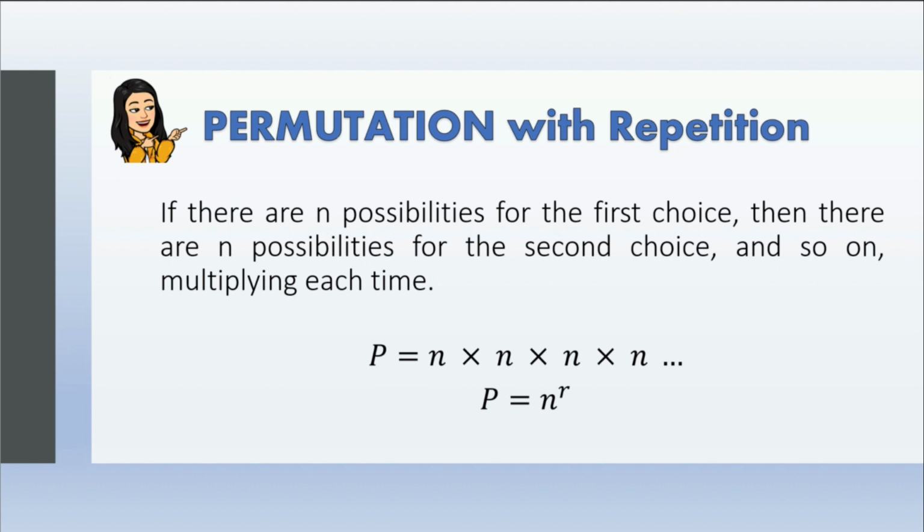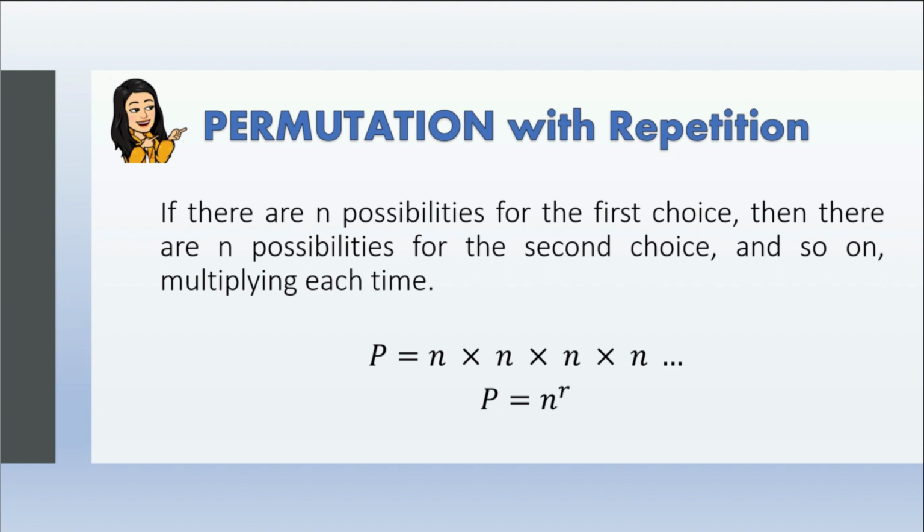And we use this formula. P is equal to n times n times n times n and so on and so forth. Or in short, we have P which is equal to n raised to r.